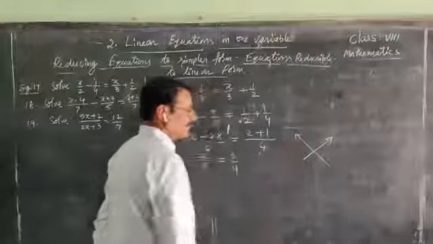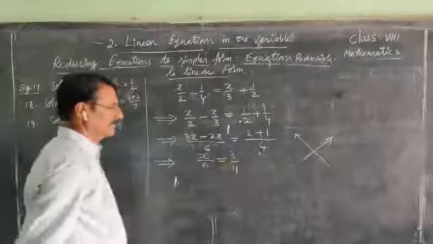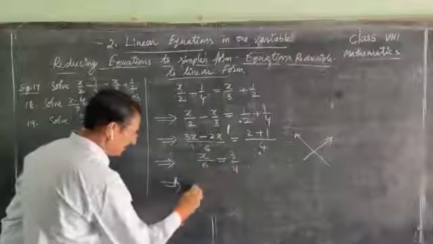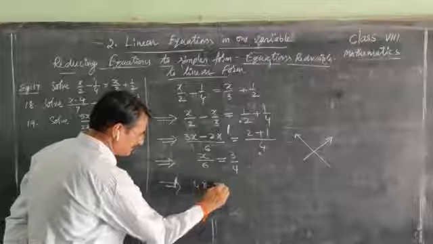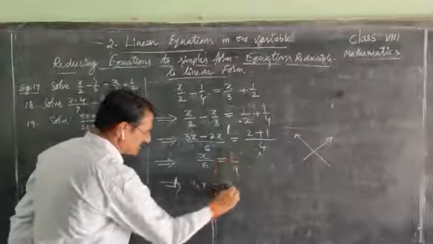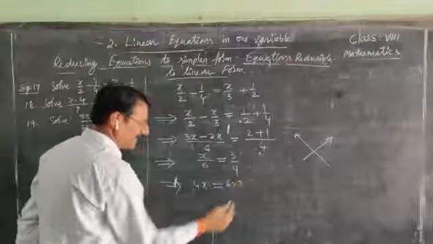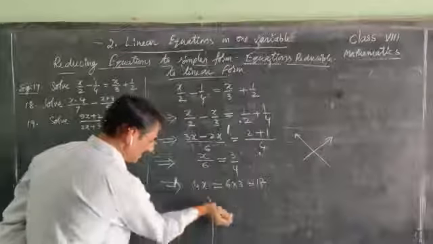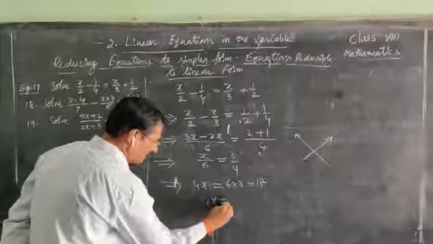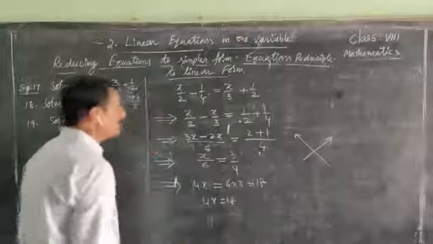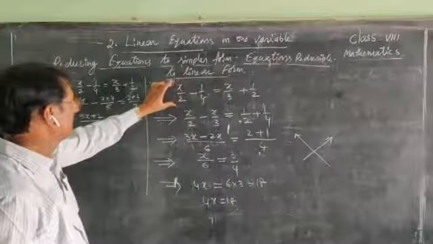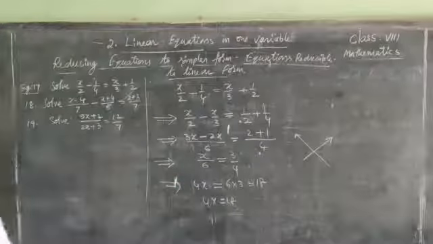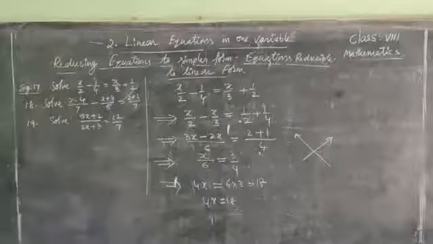Now, x into 4 gives 4x, then we got one simple equation: the given one in linear form, simpler form.